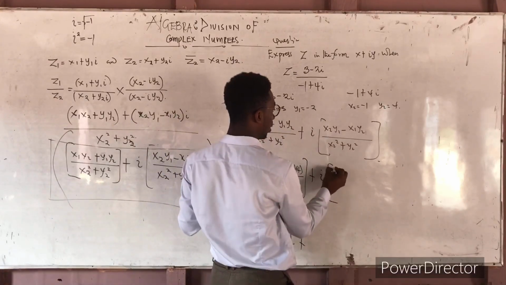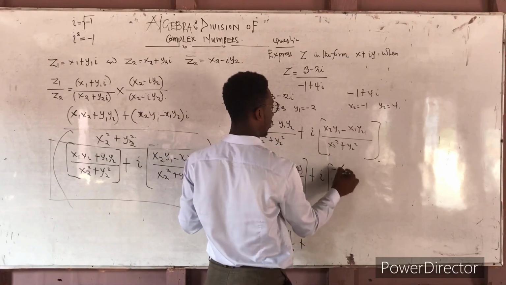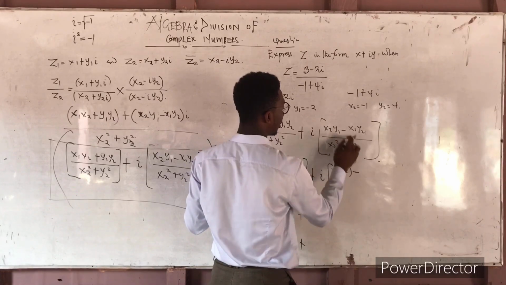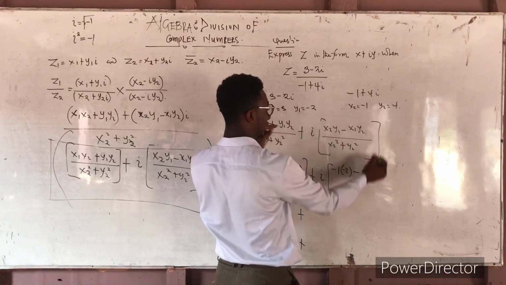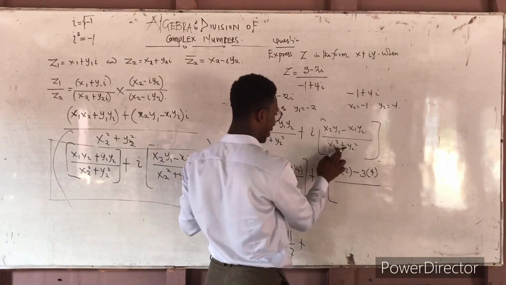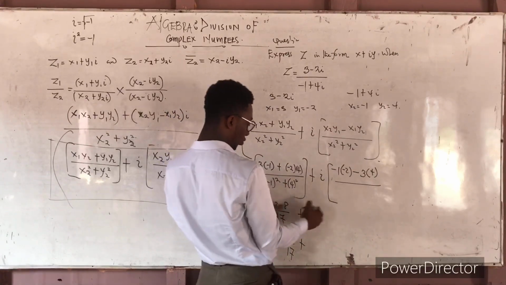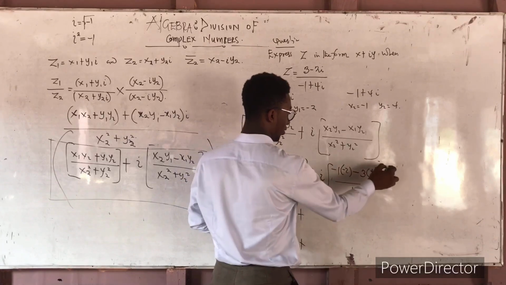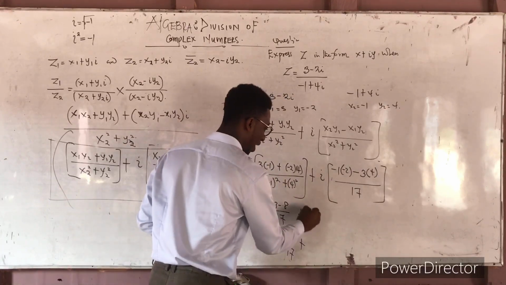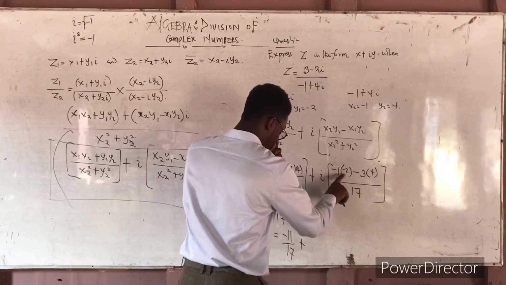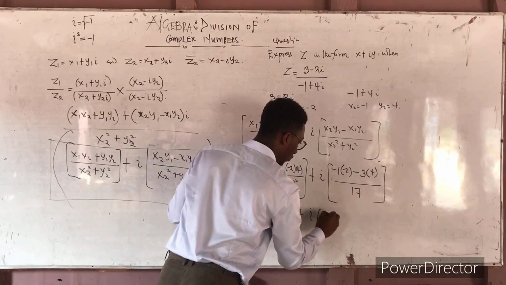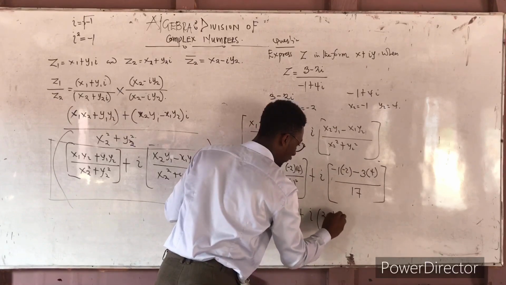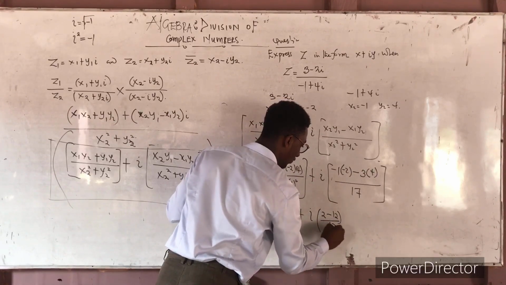Which is x2, it's minus 1, y1 is what? Minus 2, minus x1, which is 3, y2, which is 4, all divided by the same thing. It's the same thing here. So it's still what? 17. Okay, so therefore we are getting plus i, this minus, this will give you 2 minus 12, all divided by 17.